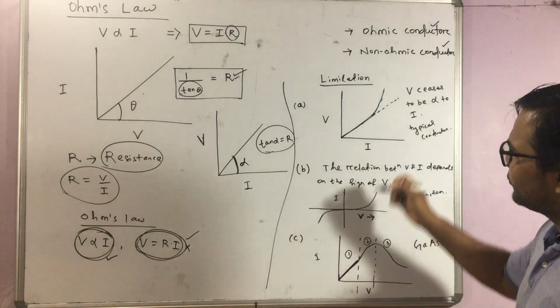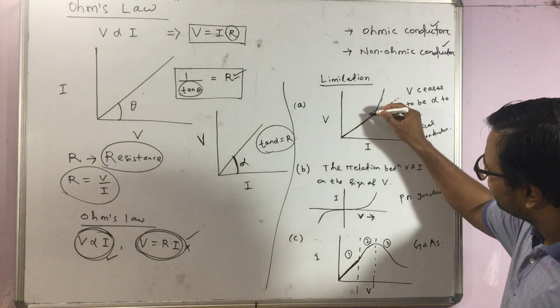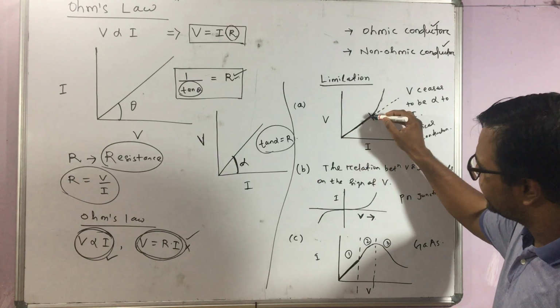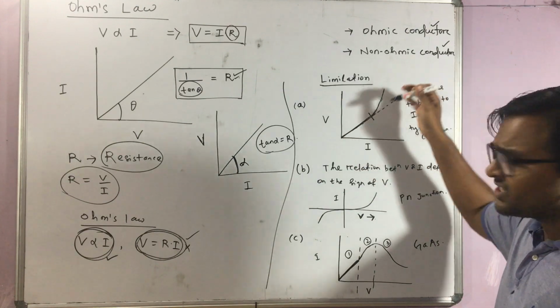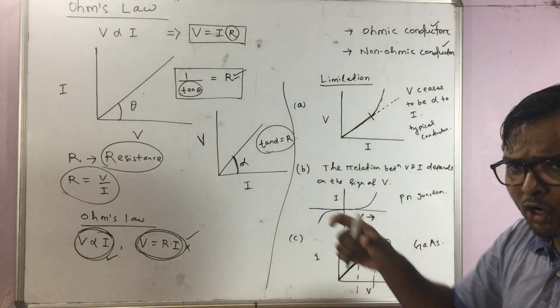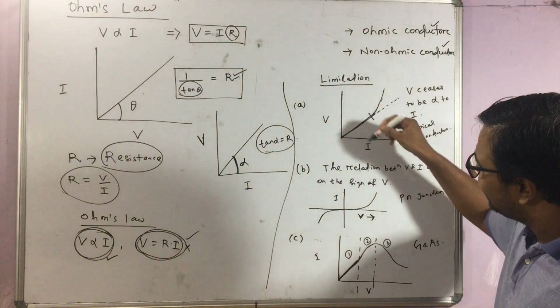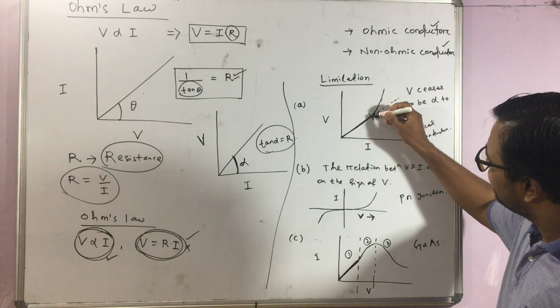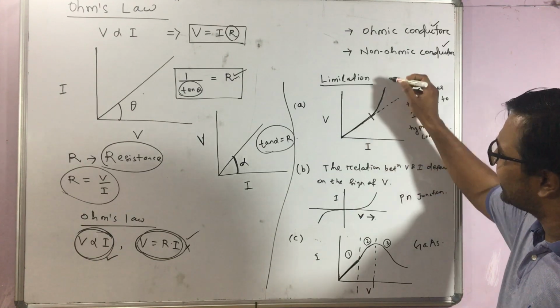Up to this point, the V and I graph is almost linear. After a certain instant, because of the heat production in the material, the relation is not linear and the graph starts to bend here. It's not a straight line.